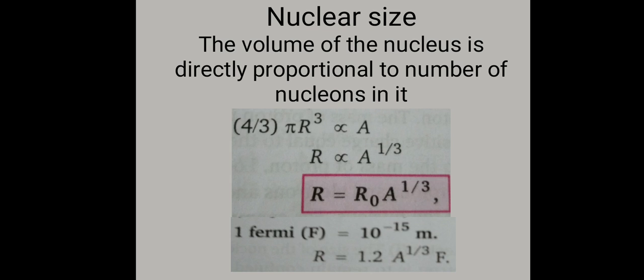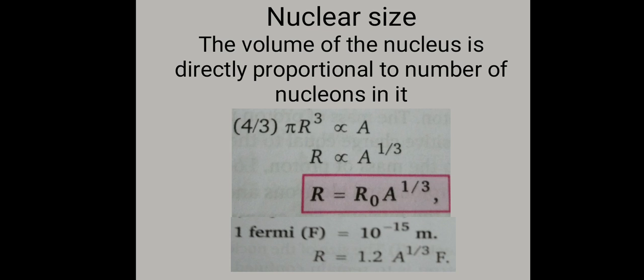Now 4 by 3 pi is a constant, so we can write r is directly proportional to A raised to 1 by 3, or r is equal to r0 A raised to 1 by 3, where r0 is that constant and it is found to be roughly 1.2 into 10 raised to minus 15 meter.